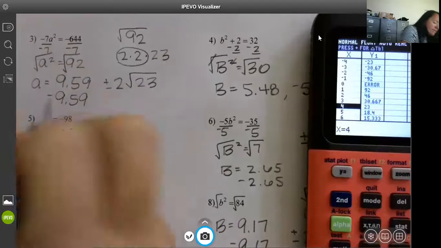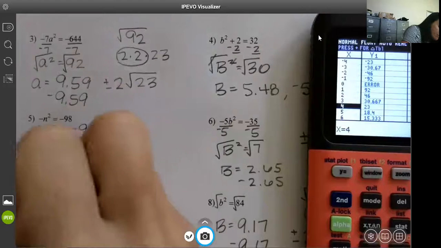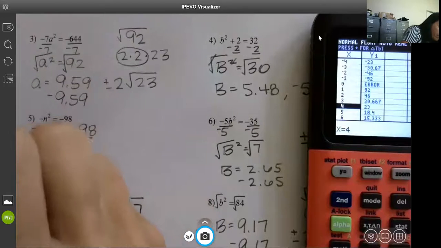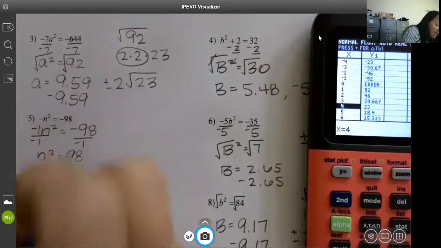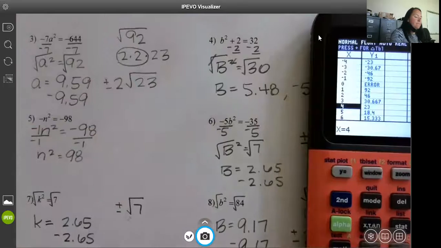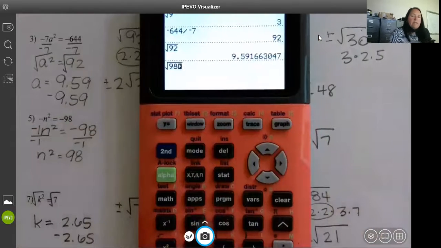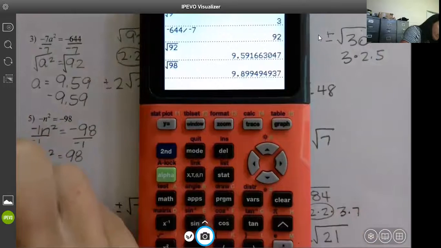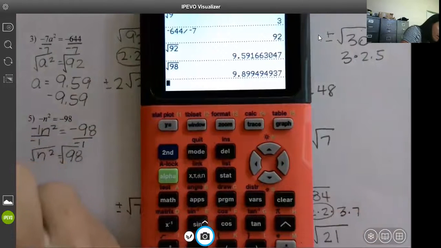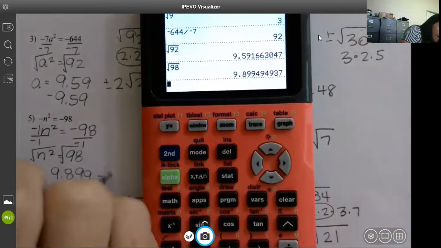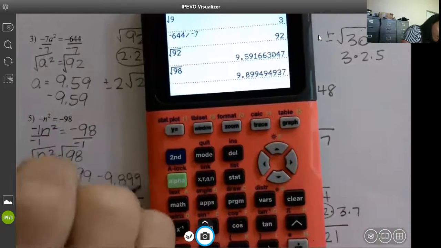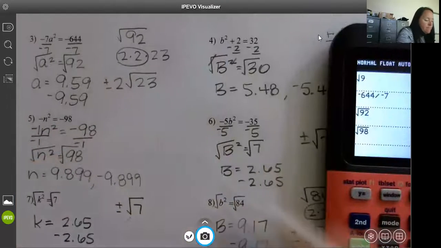This time -1's there, so we divide by -1. And we get n squared equals 98. We're gonna hope for the best. Take that square root. We didn't get the best. We got 9.899 and -9.899.